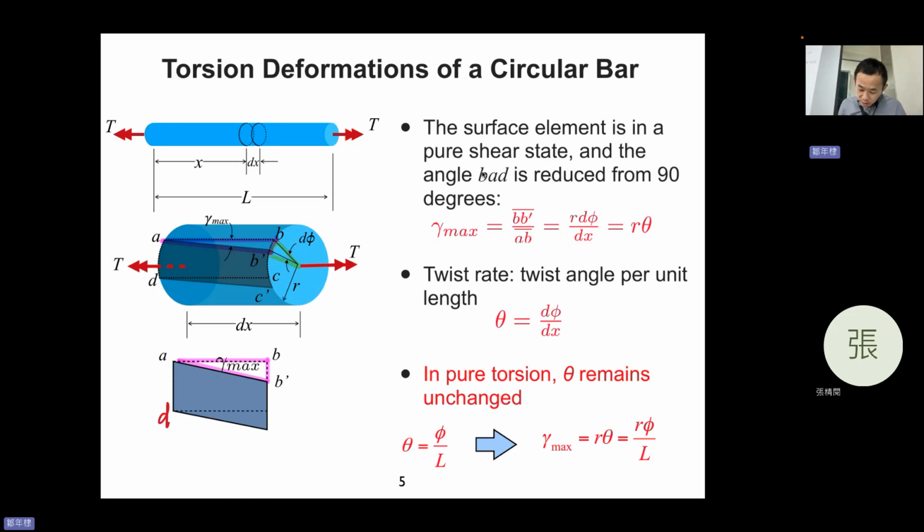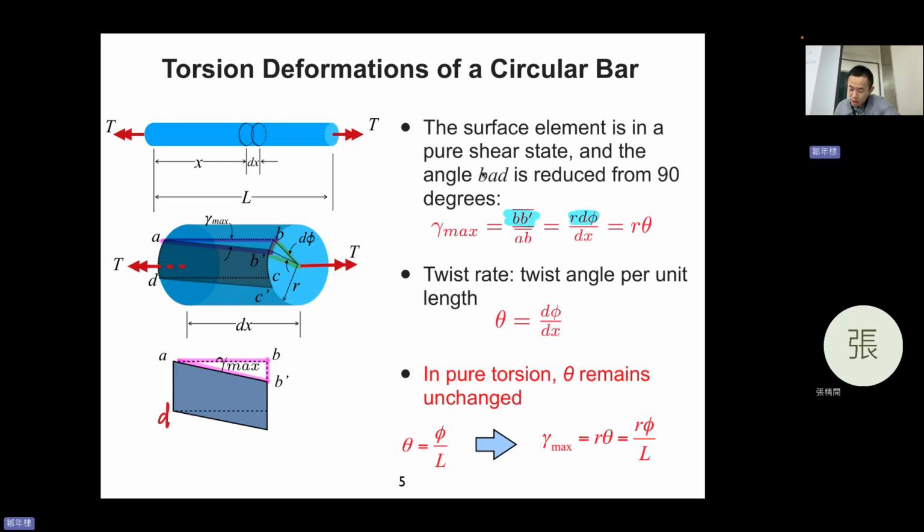Okay, BB prime becomes r d phi, and then we notice that d phi over dx can be simplified as a symbol theta. So the theta here is not an angle, it's the twist rate.